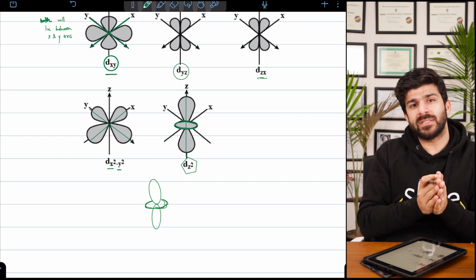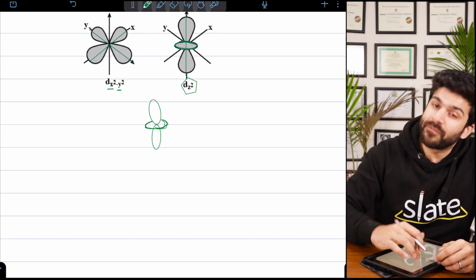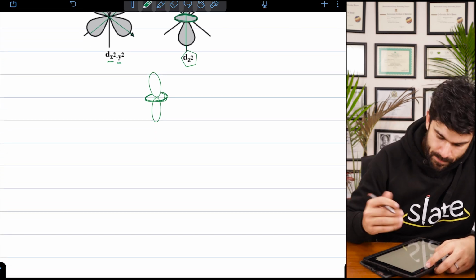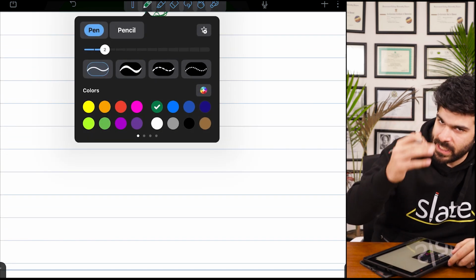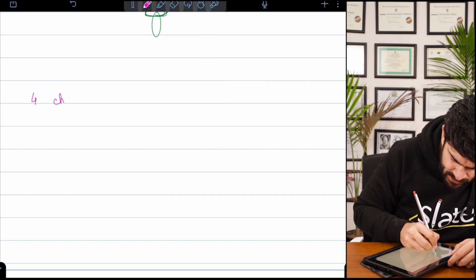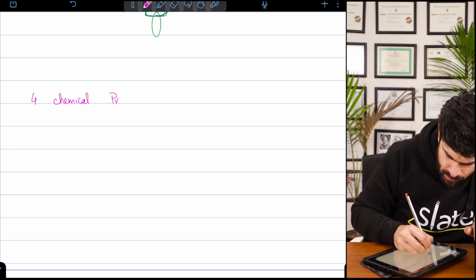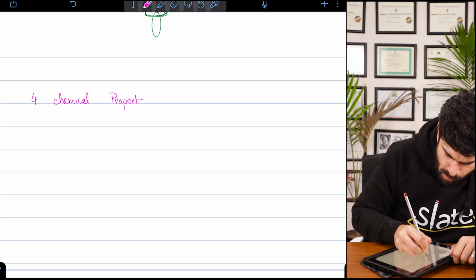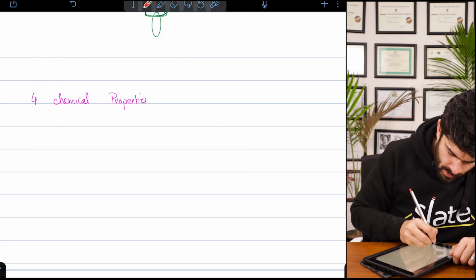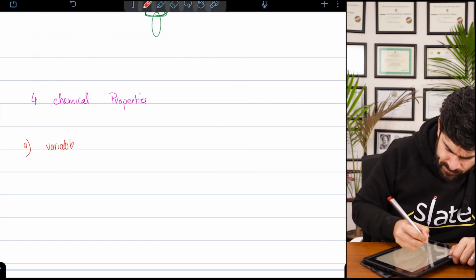So transition elements have 4 important chemical properties, students. You have studied them in O levels as well, but there were 3 in your syllabus in O levels. So 4 chemical properties that the transition elements have. A, they have variable oxidation states.